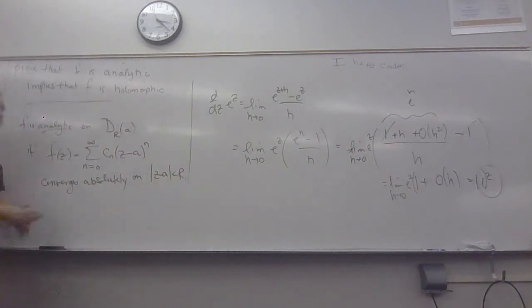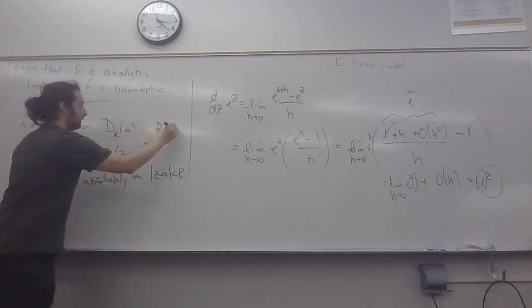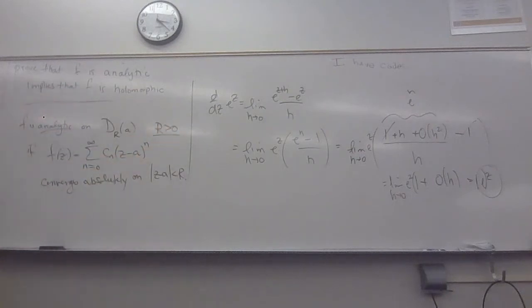One thing I missed here, r has to be positive. There is some disk on which the function has a convergent power series. So an analytic function is a function that has a convergent power series on some open set.